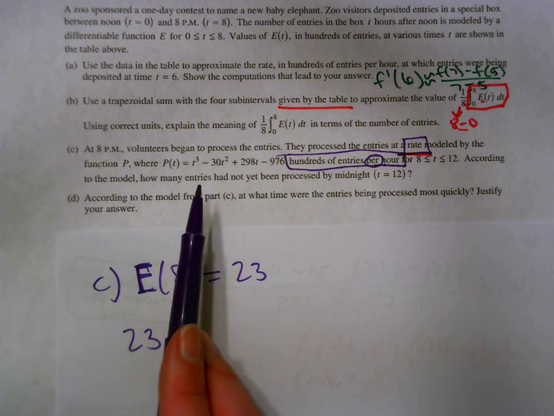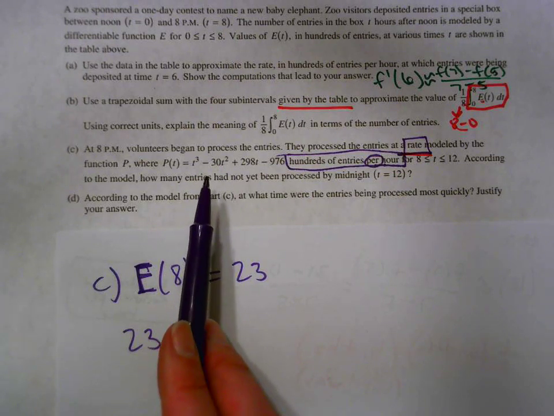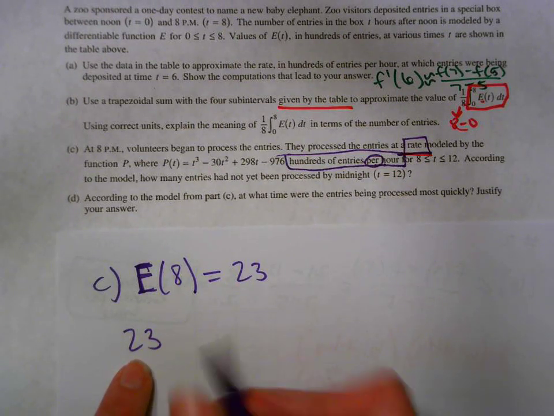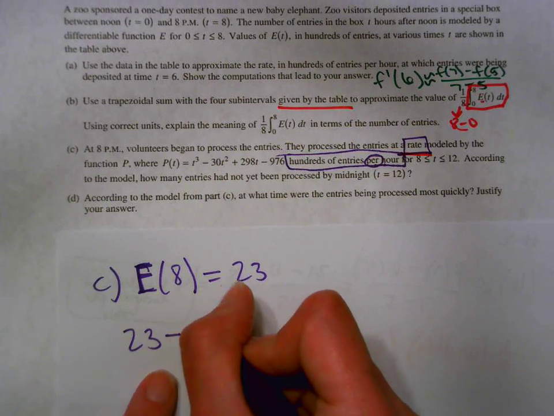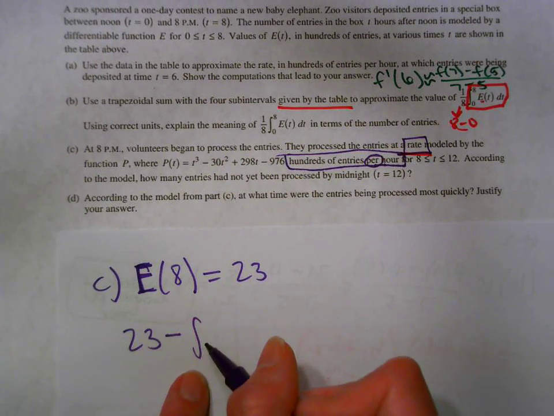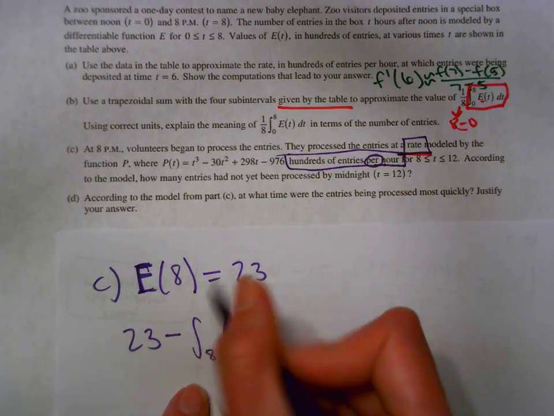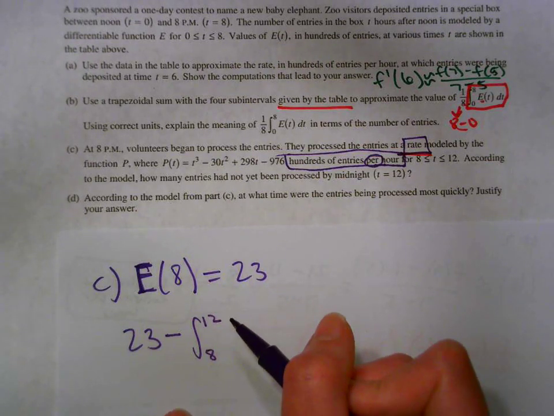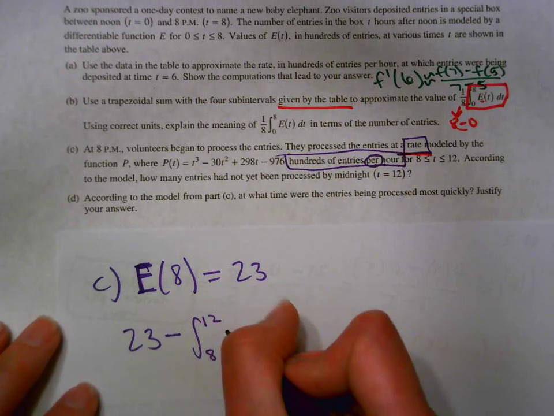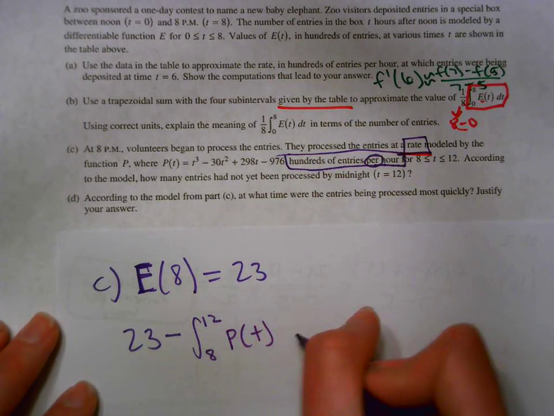It's how many they've taken away and have actually processed. So you start with this amount of entries, and then we're going to subtract how many they've processed. So to get how many they've processed, you got to integrate your rate. And they start at 8, and they end at 12, of our function P of t.